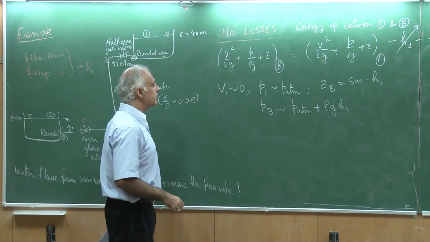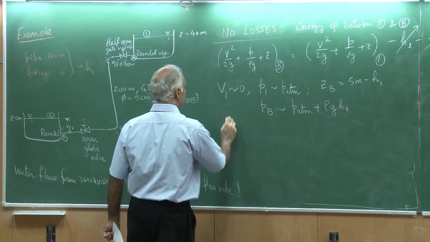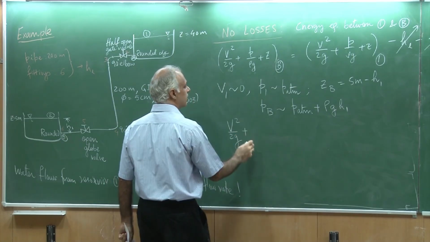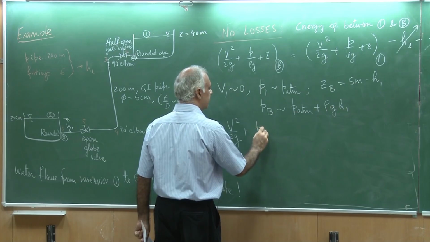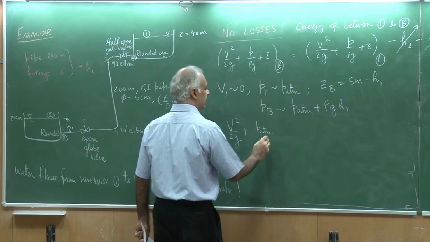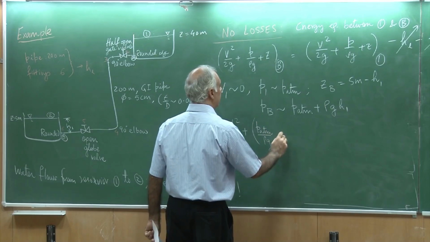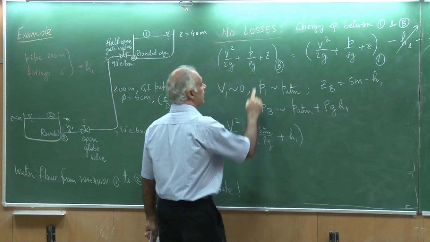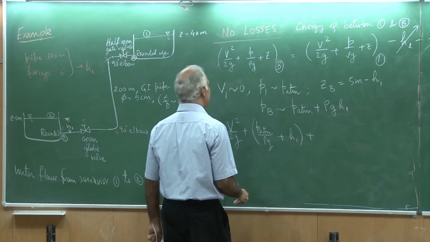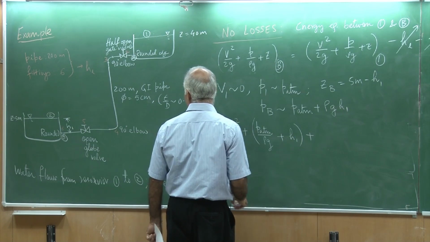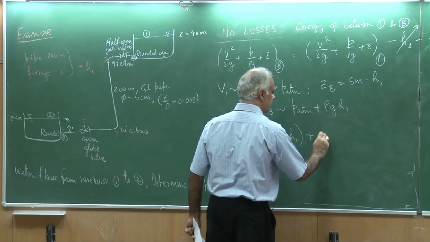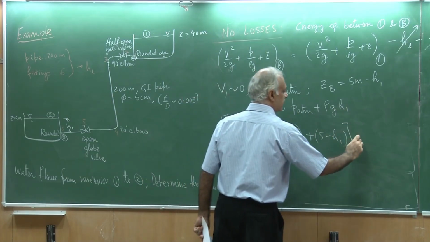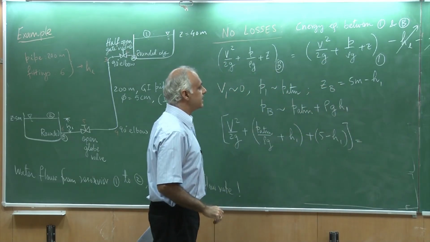So, now I plug in the values. At the station B, I have V square by 2g. The pressure is P atmosphere by rho g plus, of course, H1 here, and as far as the Z is concerned, at location B, the Z is simply 5 minus H1. This is now equal to the quantities on station 1.